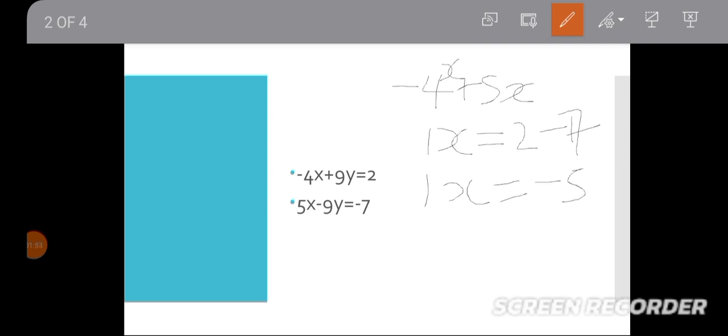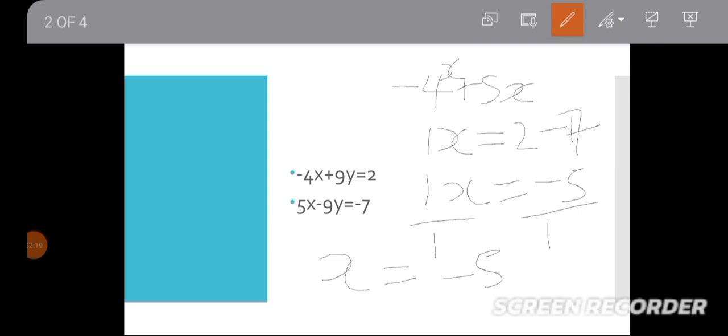Now we're going to divide, because this is a multiplication, so we do the opposite of multiply. We divide both sides by 1, so x equals negative 5, right?